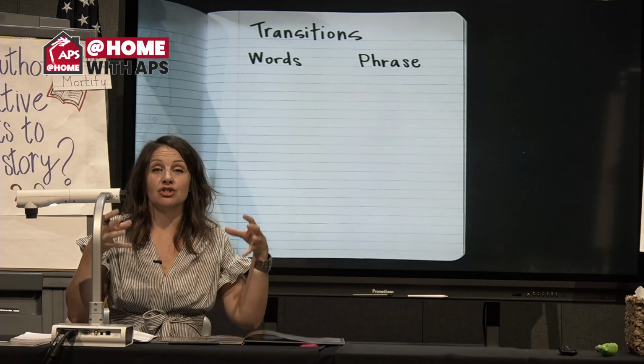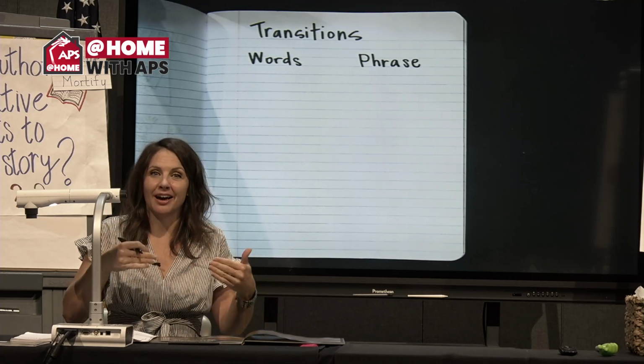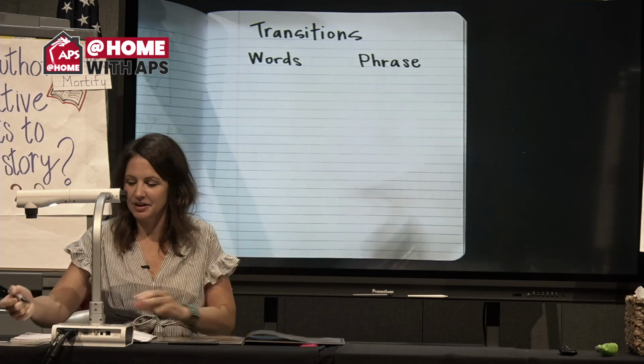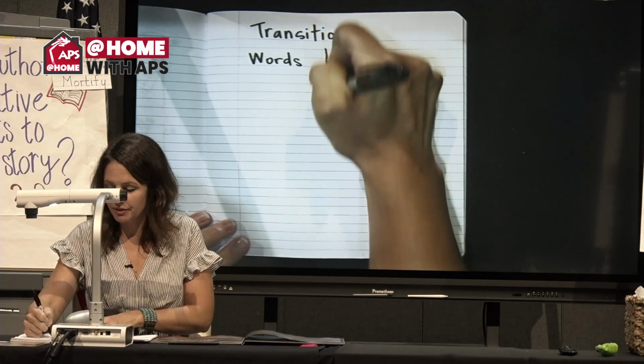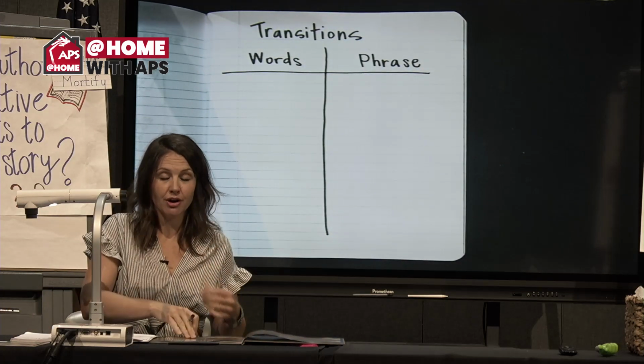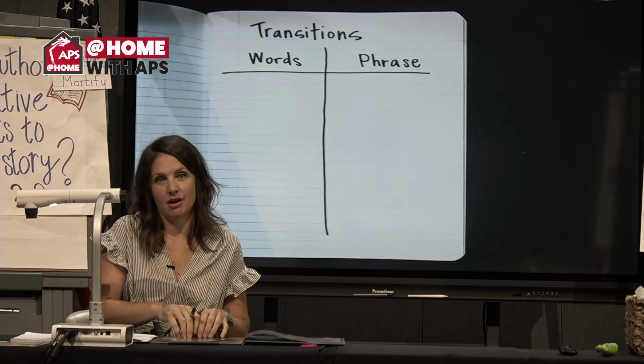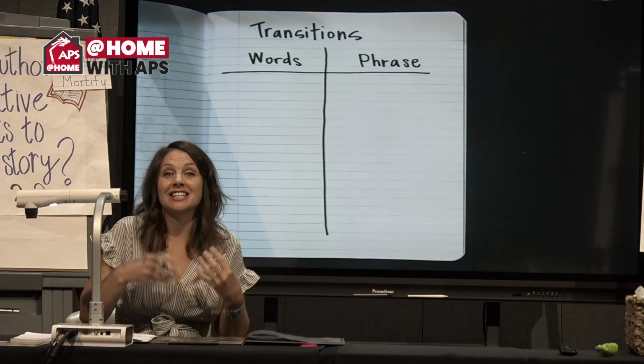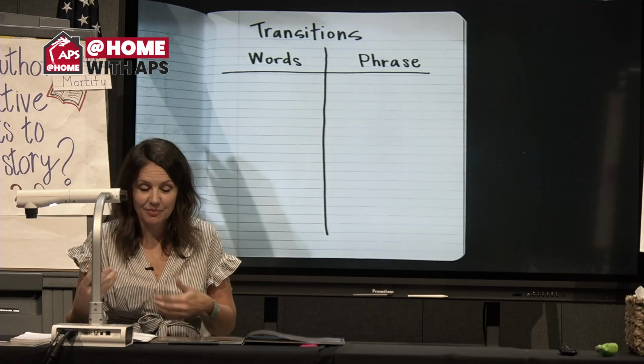But transition shows us how much time has passed. So I'm going to make a T chart, and I'm going to look through this book for how this author shows that time is passing.